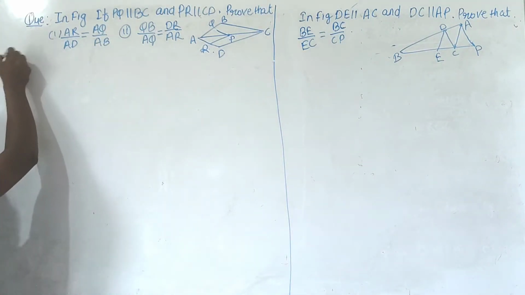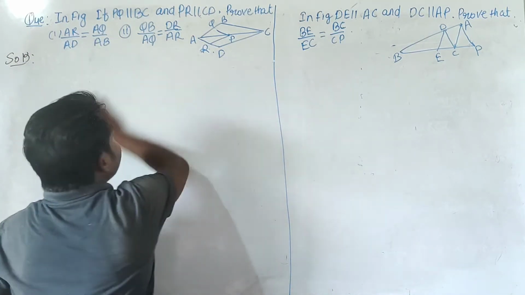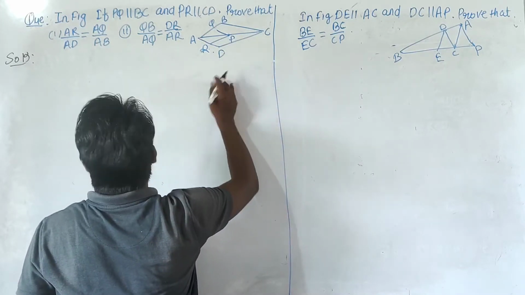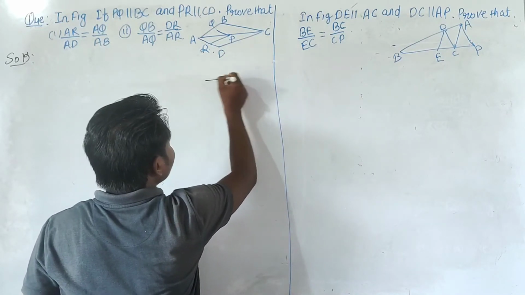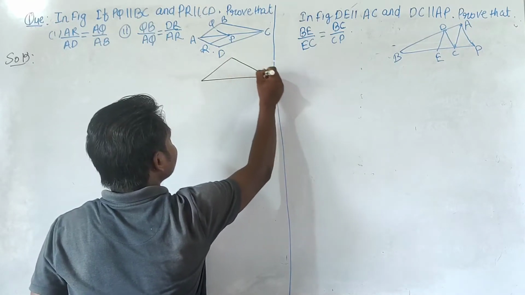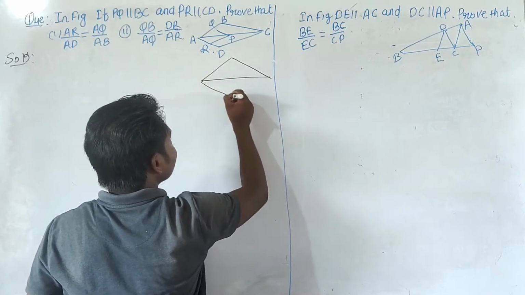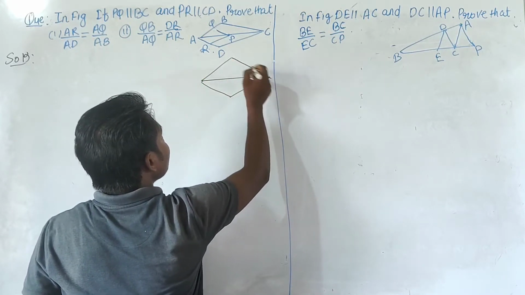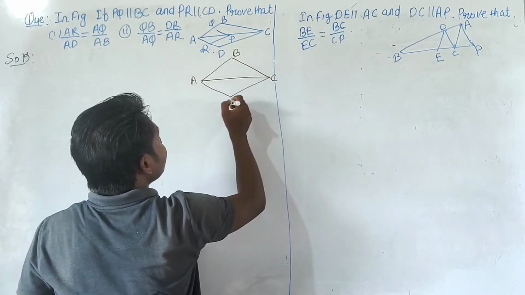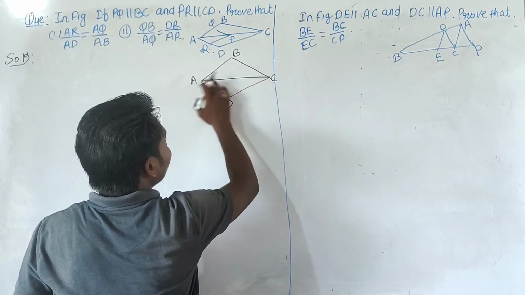For this we have to make the diagram which is given. So everybody try to understand. We make a simple diagram. Here we have A, B, C, D, and AC is a line joining AC.